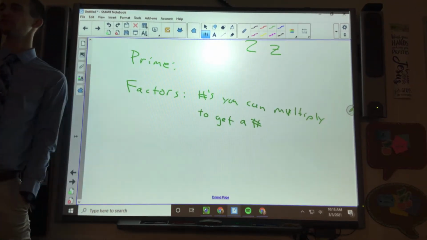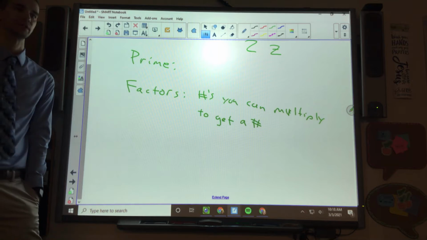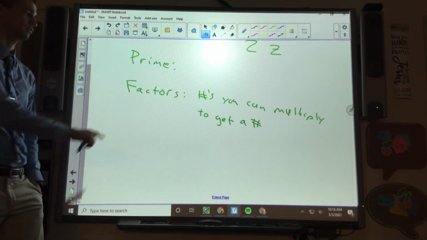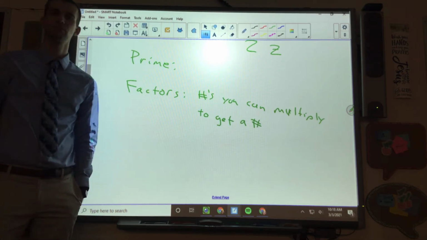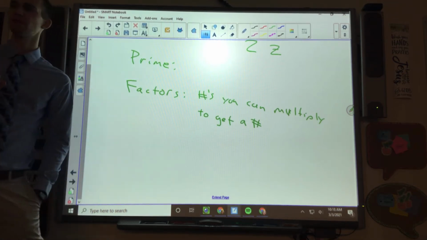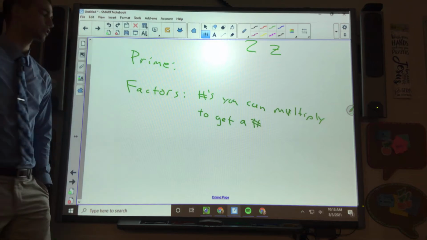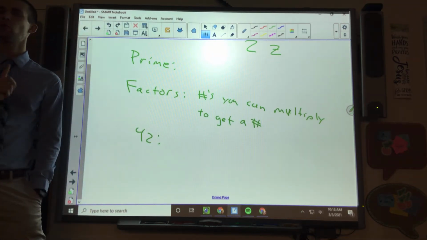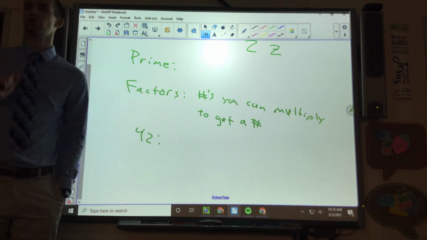Factors. Let's choose a number over 20, less than 50. Well, I know the prime factor. Okay, we're starting off with just factors though. 43? Nope. Give me a number that I'm going to be able to work with more. 42. That's much better. All right, 42. What numbers go into 42?